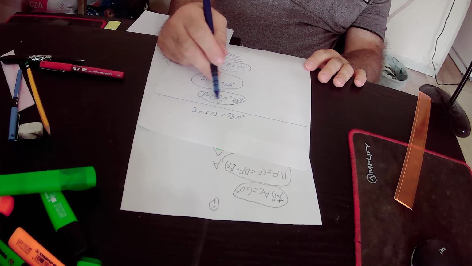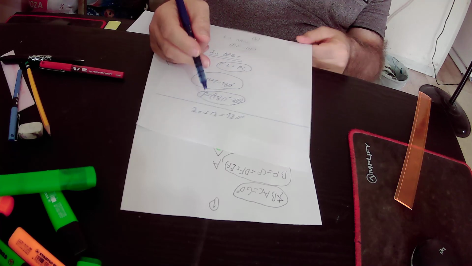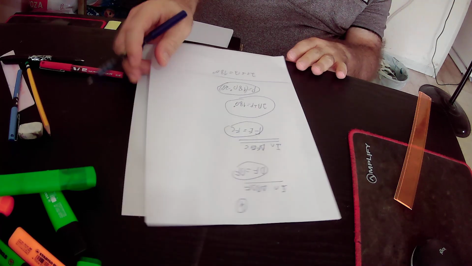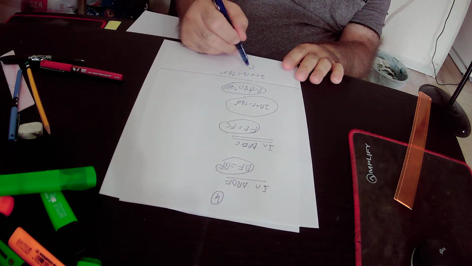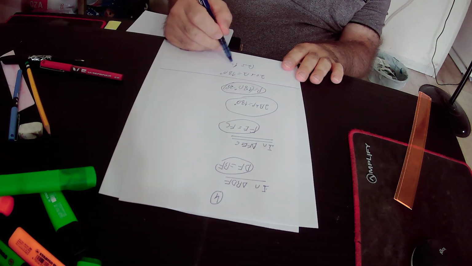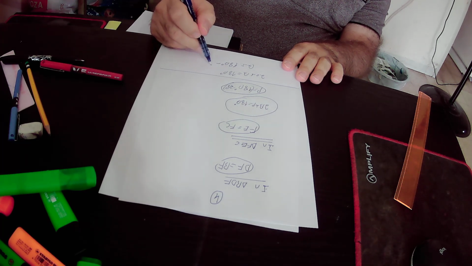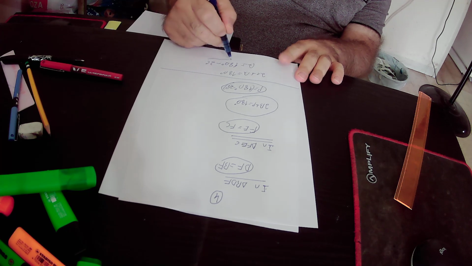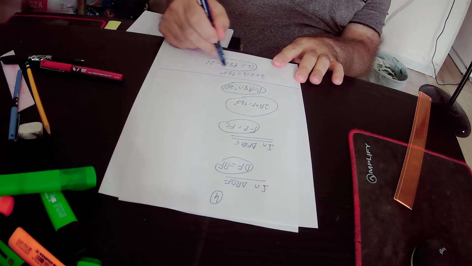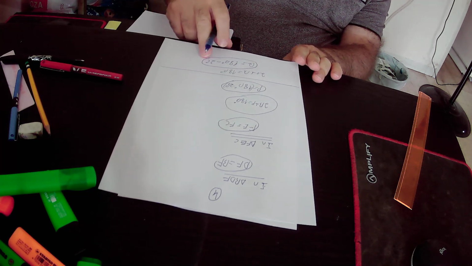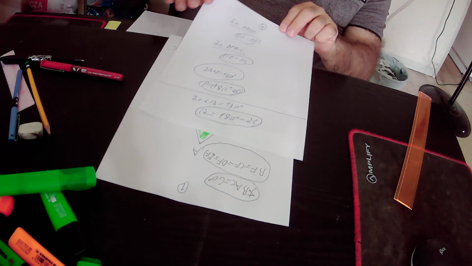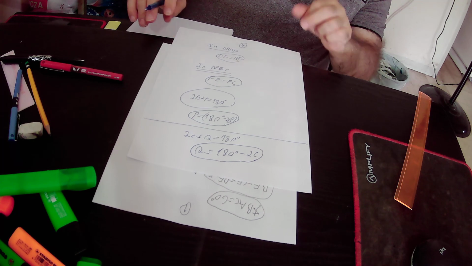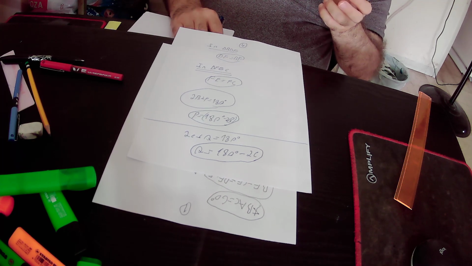Here we will subtract 2C from this equality, and we will get that Q equals 180 degrees minus 2C. Okay? So we got the values of P and Q in terms of B and C.